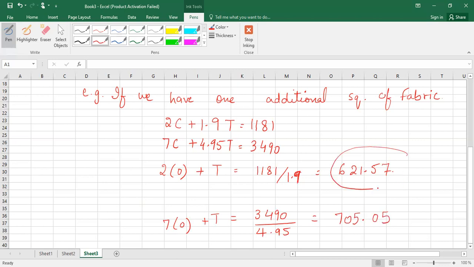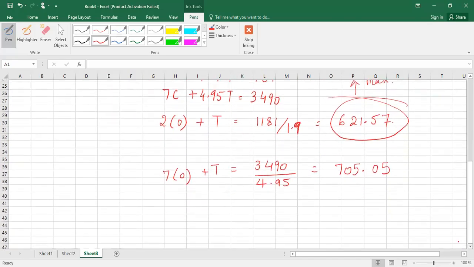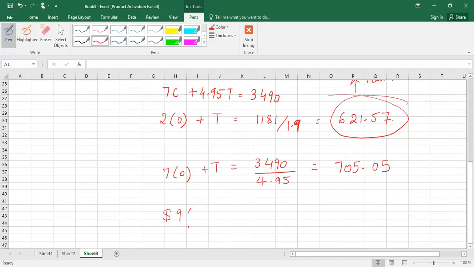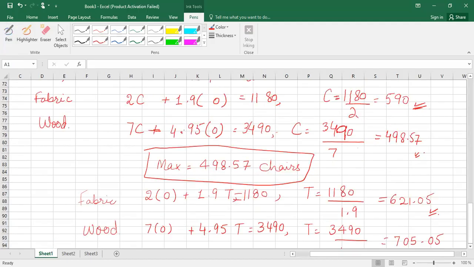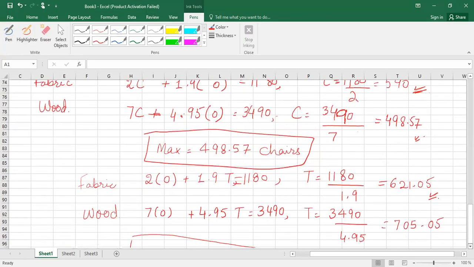So again, we use the concept that the lowest number is considered the maximum output. So 9 into 621.57 is 5594.13. Previously, what was the contribution if we produce only tables?